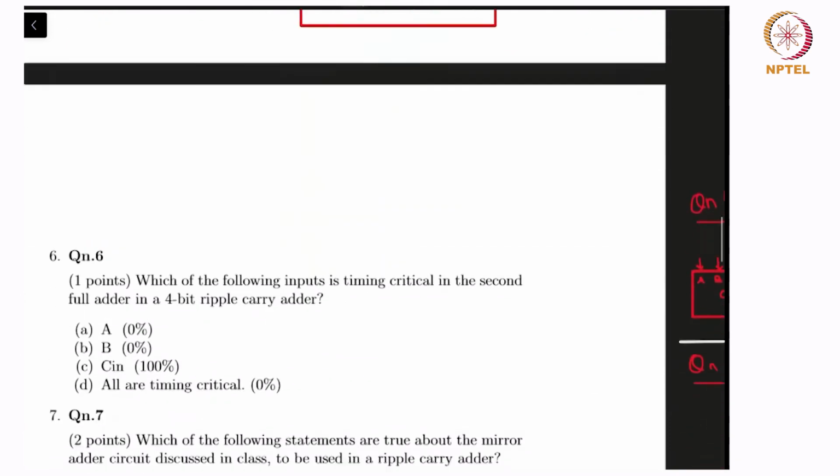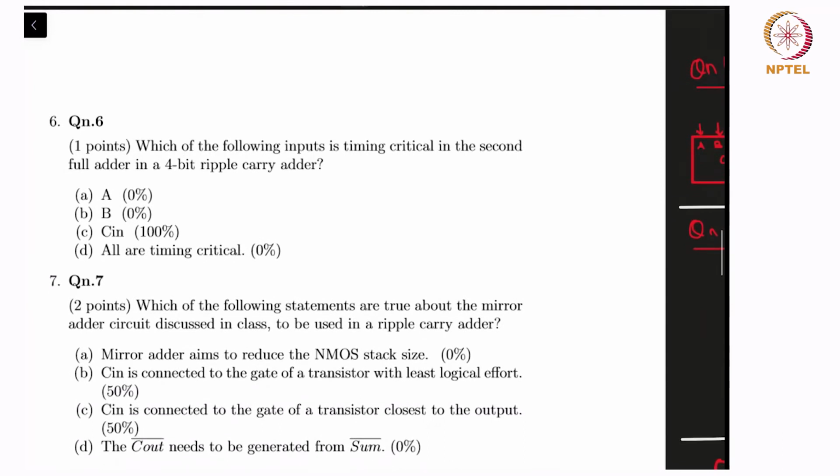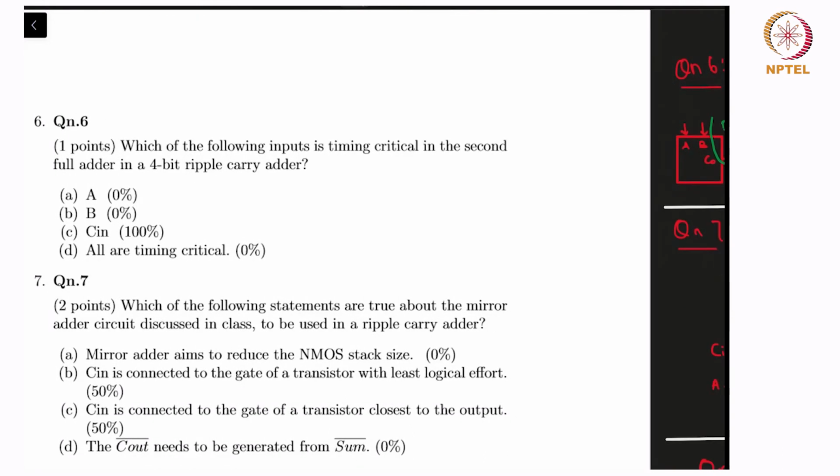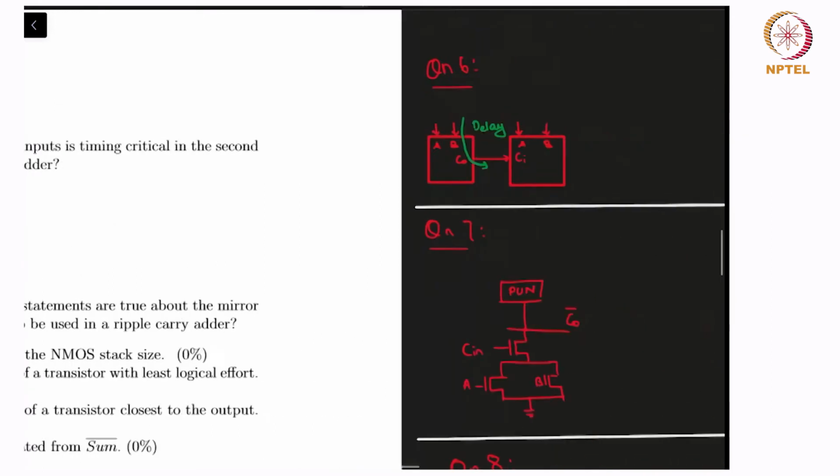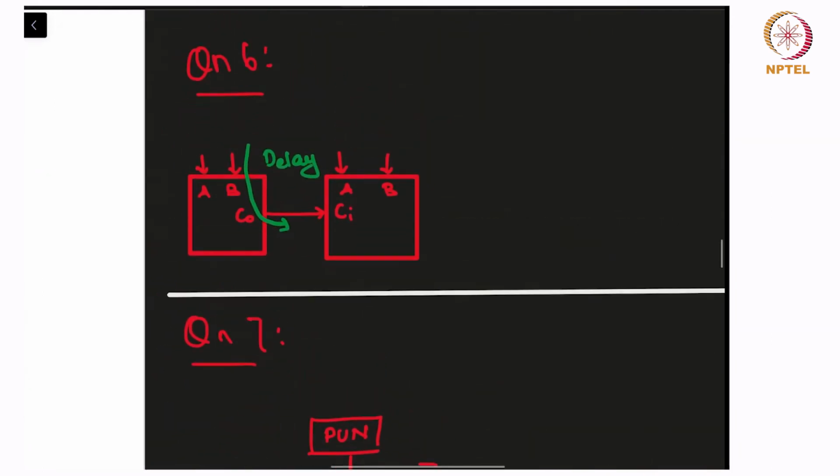So let's look at what will happen for a 4-bit triple carry adder. What is the second full adder? Which input is timing critical? So clearly, I have not drawn the remaining full adders, but here are the first full adder and the second full adder. You can see that the inputs A and B will arrive instantly.